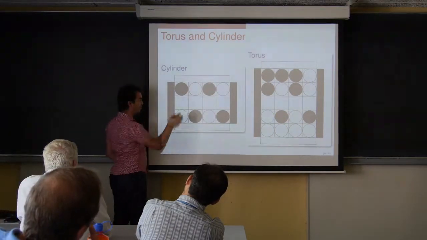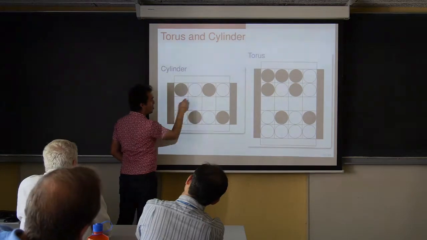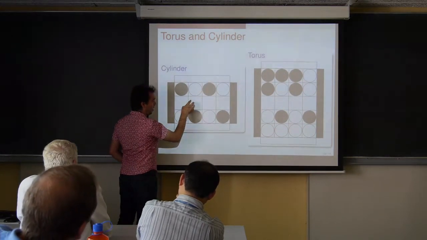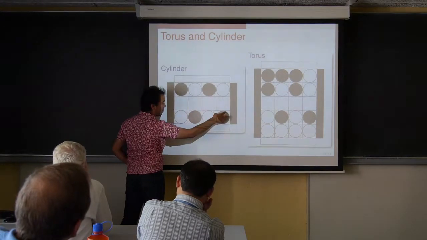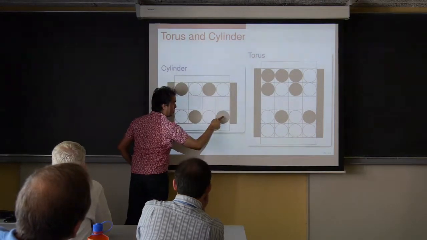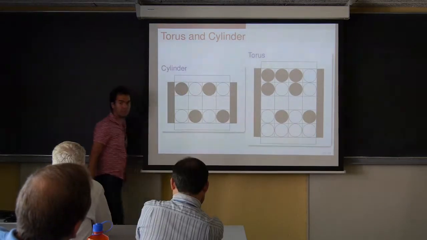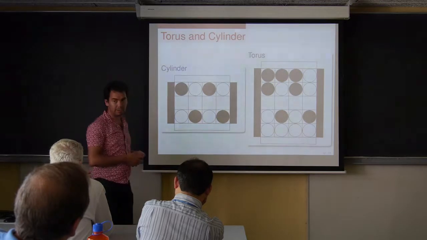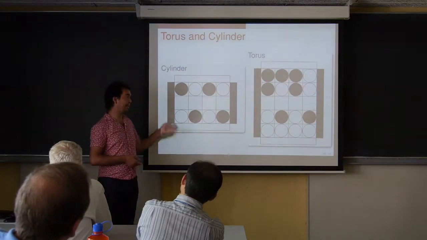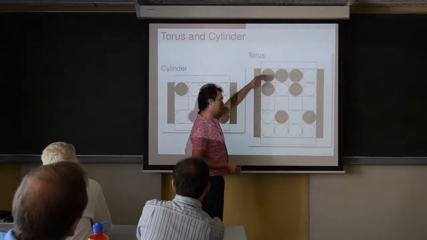So even if black plays here and say moves this pawn here, we still have that black cell and that black cell connected in diagonal, but not orthogonally. So it's not legal for black to play, and for symmetrical reasons, it's not legal for white. And the same can happen if you play on a torus.